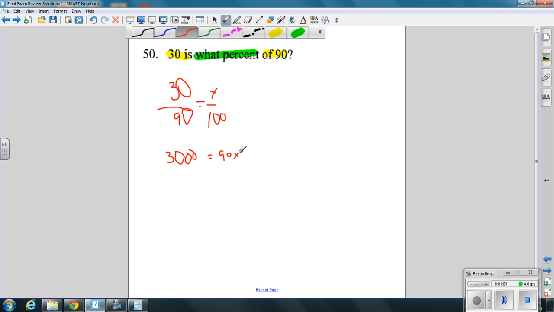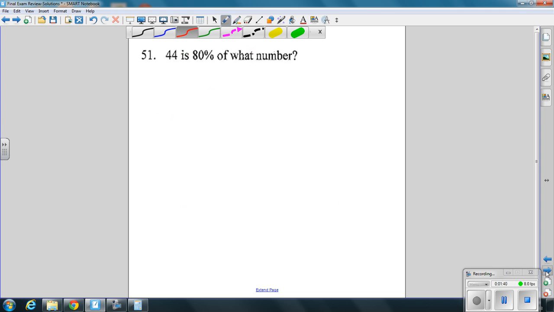And now we take both sides, divide by 90, and we can cancel out a 0 at the end here, so you can technically do 300 divided by 9, and we get 33.3 repeating percent equals x. So not too good here. All right, let's go to the next one.